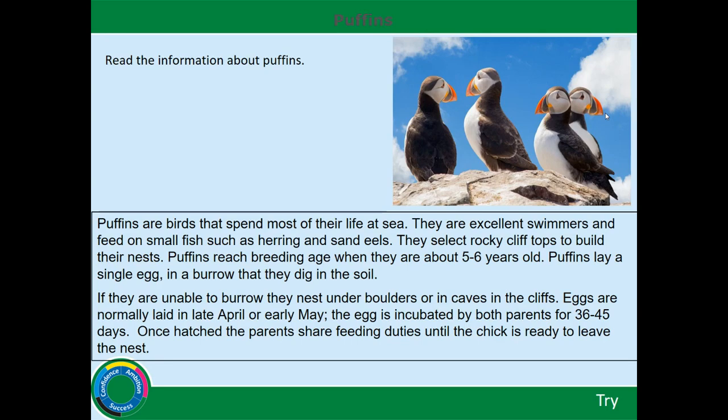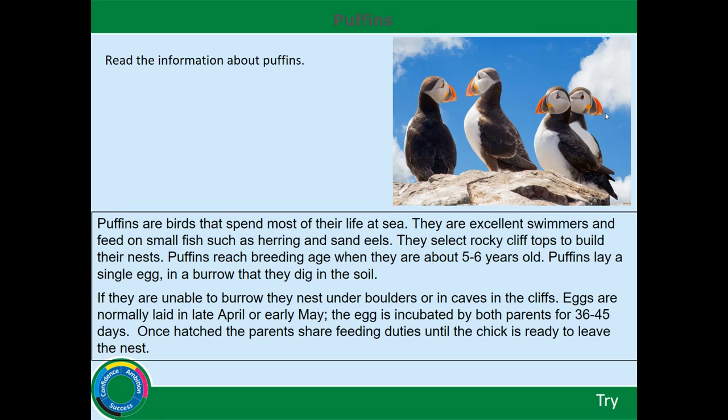Puffins are birds that spend most of their life at sea. They are excellent swimmers and feed on small fish such as herring and sand eels. They select rocky cliff tops to build their nests. Puffins reach breeding age when they are about 5 to 6 years old. Puffins lay a single egg in a burrow that they dig in the soil.